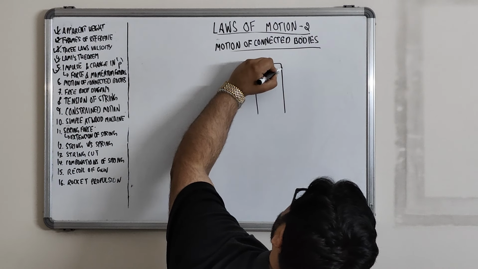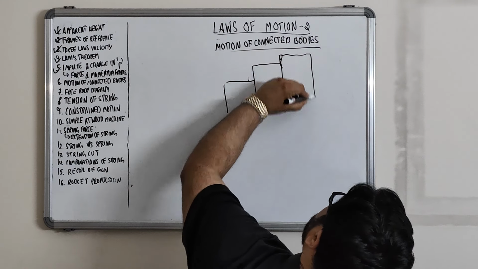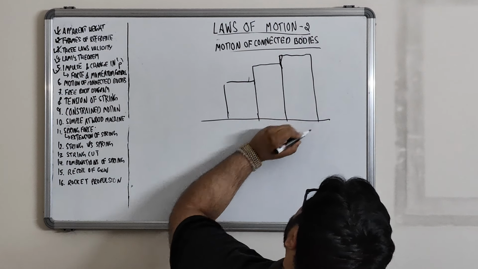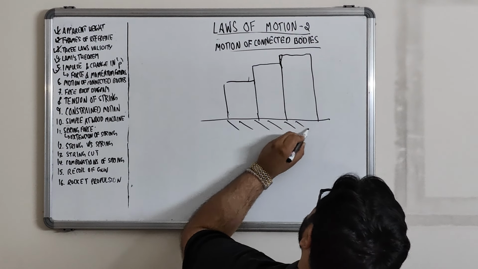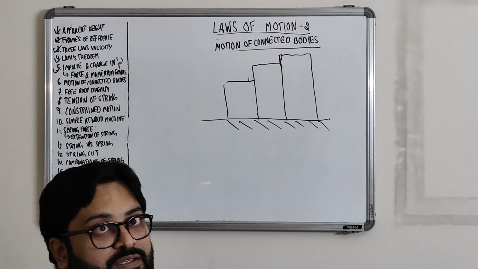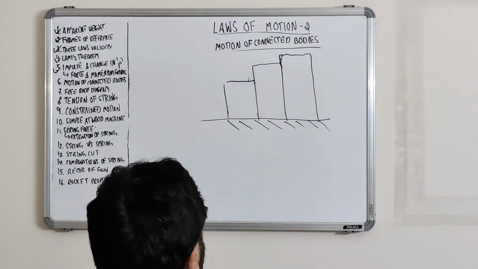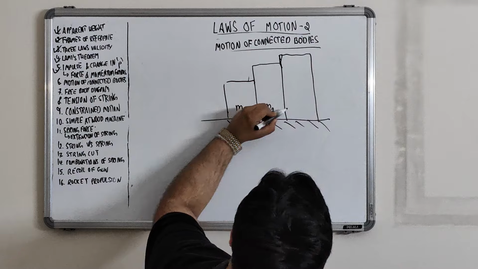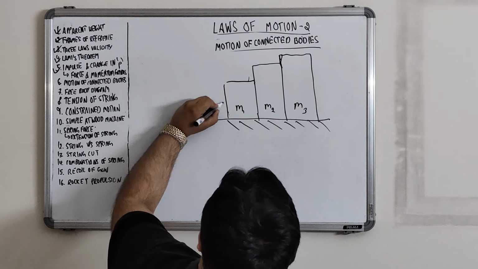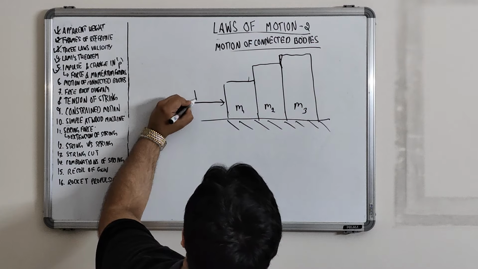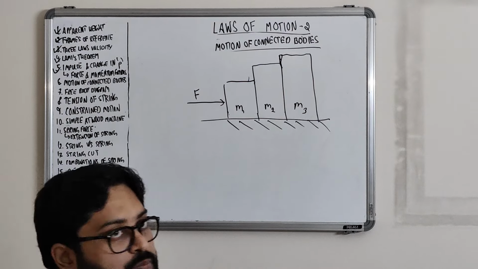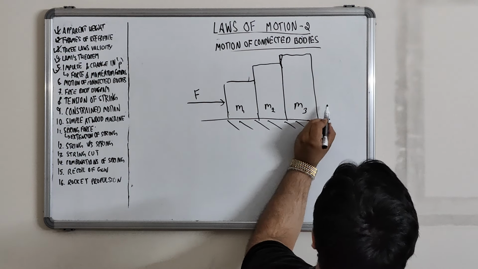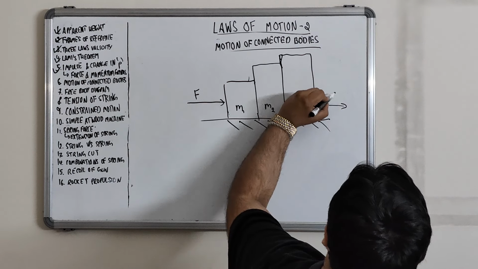Practical in the sense that it's directly applicable to questions. So we are going to take this frictionless surface because right now we have not studied friction. So we have m1, m2, m3. A force is applied, of some magnitude, and these blocks are moving in the same direction as the force with an acceleration a.